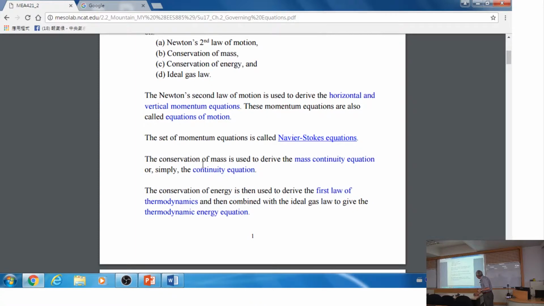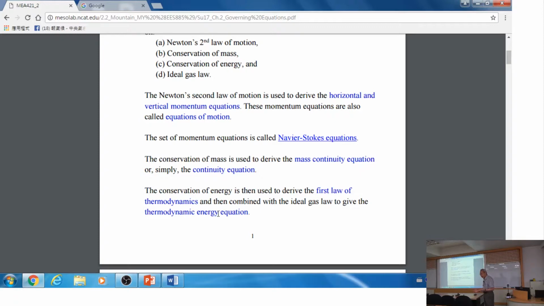And then the conservation of mass gives us the continuity equation, as you know. The conservation of energy is used to derive the first law of thermodynamics, and then combined with the ideal gas law it gives us the thermodynamic energy equation.